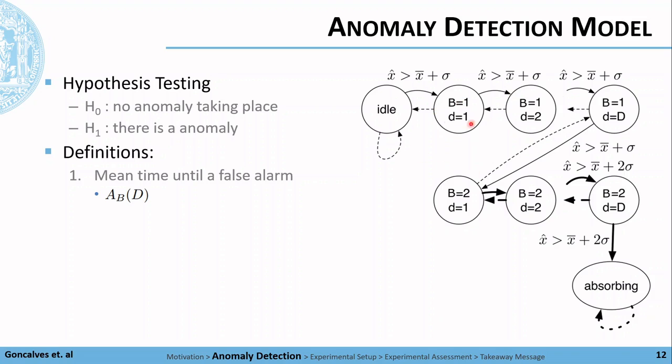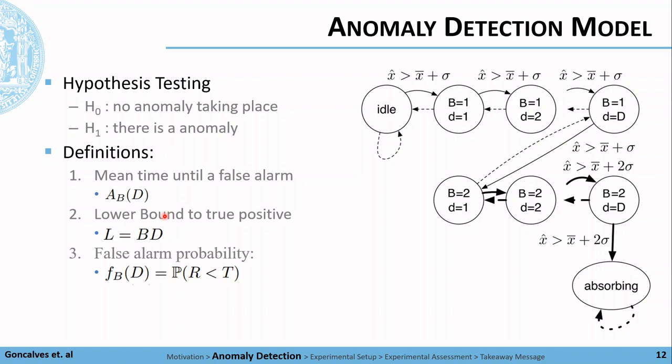The closed form for B equals 2 can be found on paper. The second definition is the lower bound of the number of samples until a true positive under H1, assuming all buckets are initially empty. The third one is the probability of false alarm, fully explained on paper.